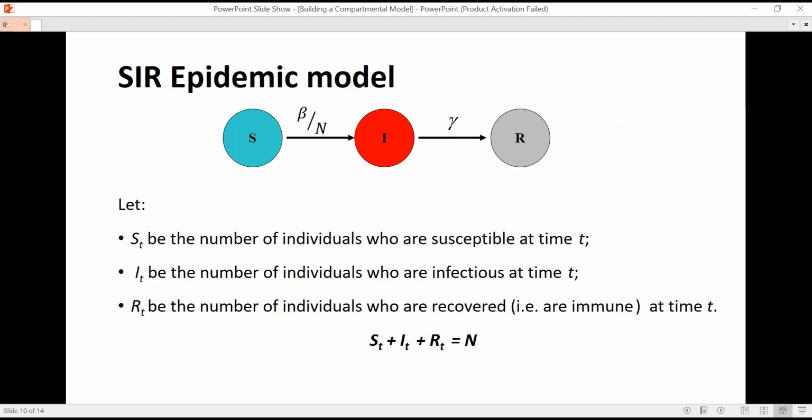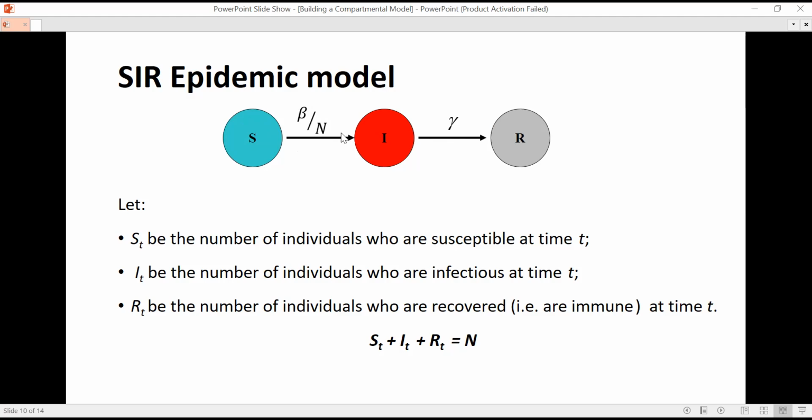These are models for both scenarios, where the disease is endemic or clears from the population. So we have the susceptible who are getting infected and going to the I compartment. That rate is divided by N, and these are frequency dependent because we are dividing by the total population. And then the I can recover at rate gamma.